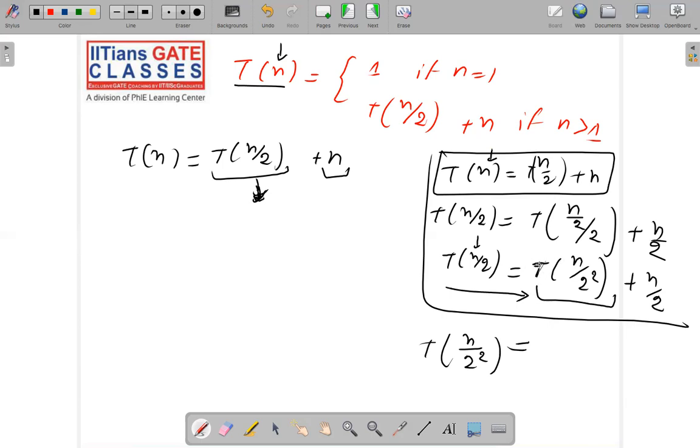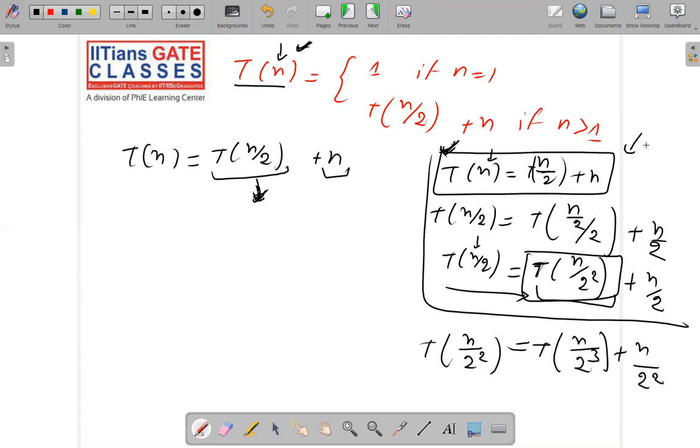Now we need to calculate the value for this one also, right? So let's replace n with n by 2 square in this function. This will be T(n by 2 cube) appearing here, plus n by 2 square.